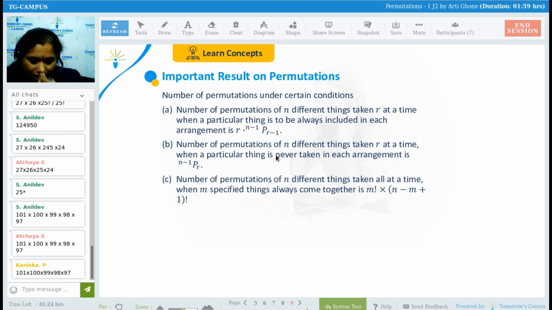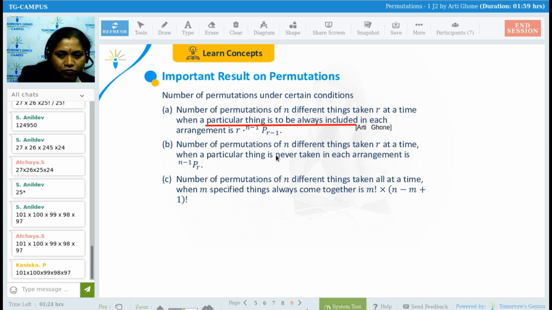The number of permutations of n different things taken r at a time, when a particular thing is always included. If there is an extra statement added in your situation that a particular thing is included, then we have to use this formula. Clear? r into (n minus 1)P(r minus 1).